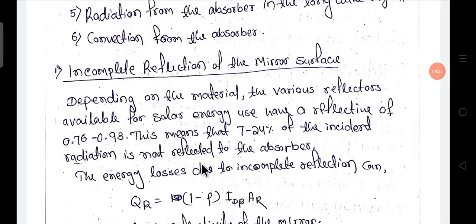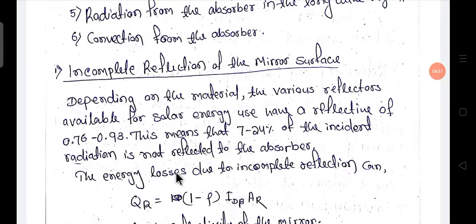First one is incomplete reflection of the mirror surface. Depending on the material, the various reflectors available for solar energy use have a reflectivity of 0.76 to 0.93. This means that 7 to 24% of the incident radiation is not reflected to the absorber.